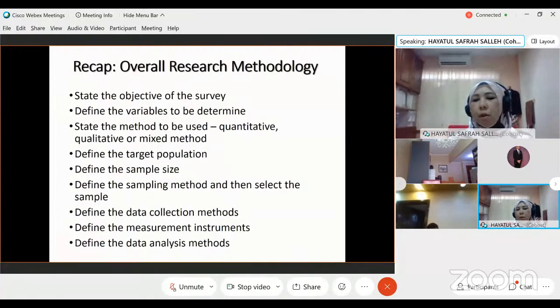What types of measurement do you want to use? The instrument is very critical, because if you use the wrong measurement, the results cannot answer and are not valid for your study. So make sure to use the right measurement. And lastly, define the data analysis method. What types of data analysis do you want to use?